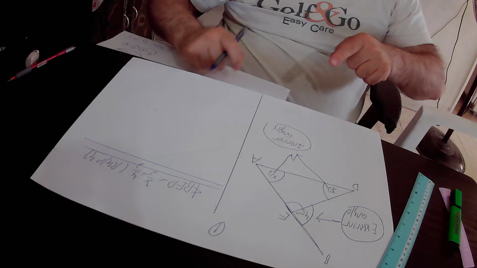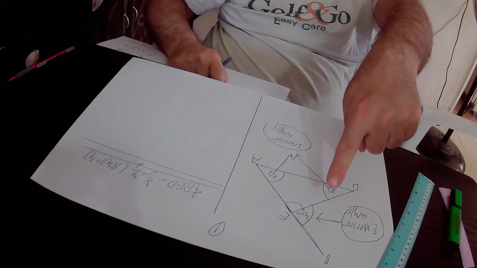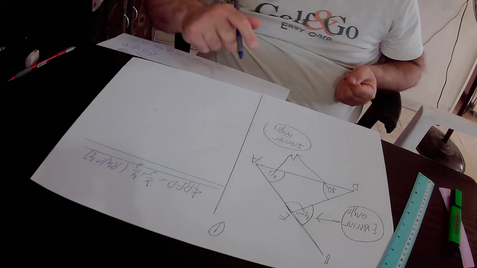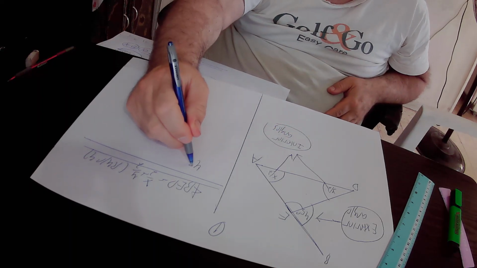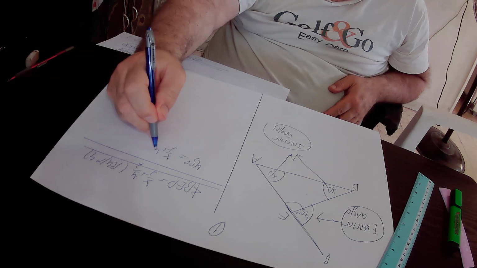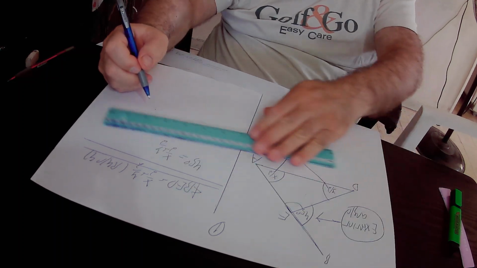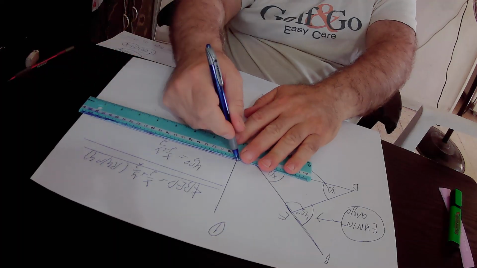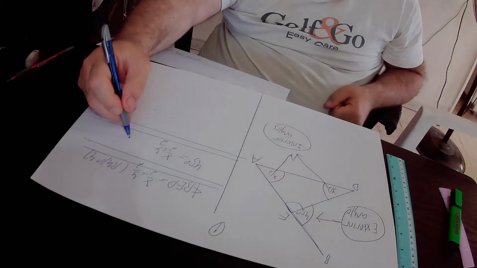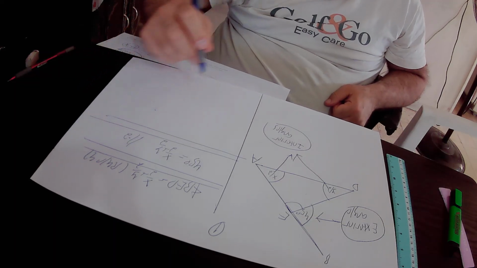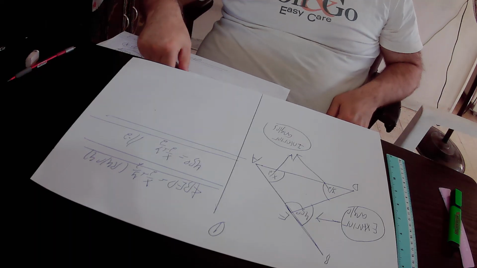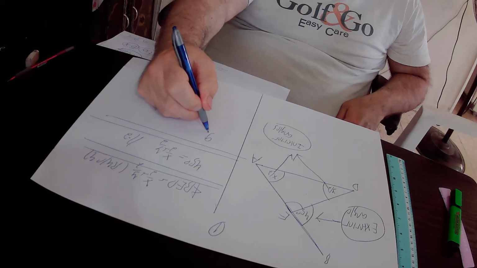But it is given in the question that the size of angle BED is 45 degrees. So we substitute angle BED by 45 degrees, and we get that 45 degrees is equal to x over 2 plus y over 2. So here we multiply this equation by 2, and finally we get that 45 degrees times 2 is 90 degrees.